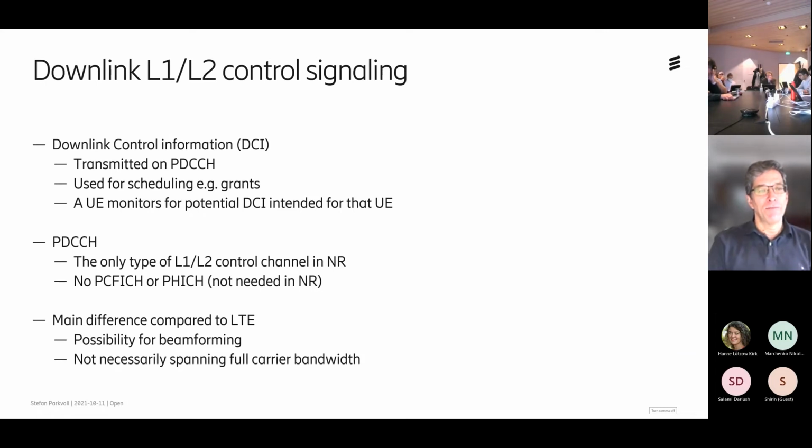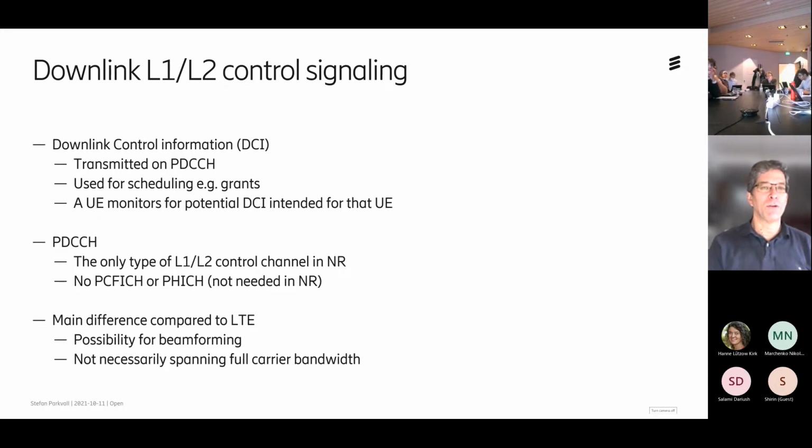If we start with the downlink layer 1, layer 2 control signaling, the reason I write layer 1, layer 2 is that the information originates in layer 1 or layer 2. We have the downlink control information, or the DCI, in the downlink. It's transmitted on a channel called PDCCH, physical downlink control channel.